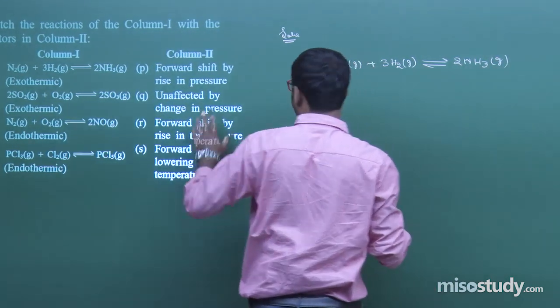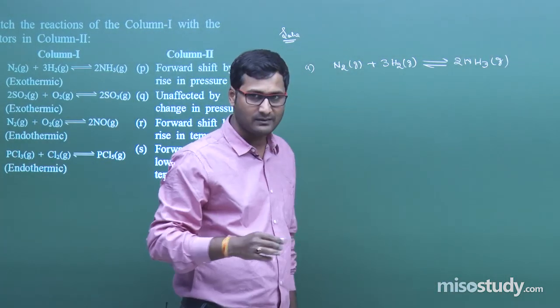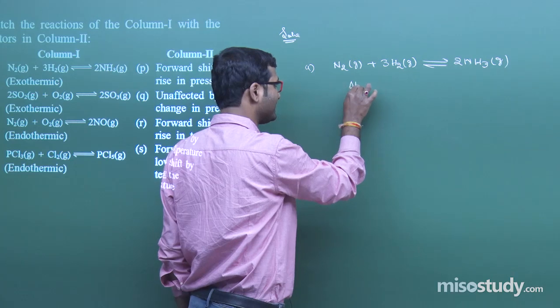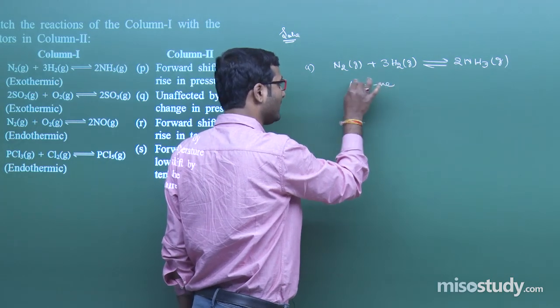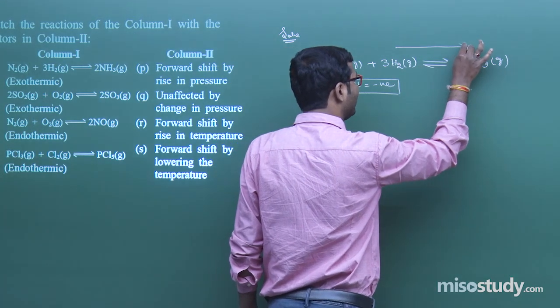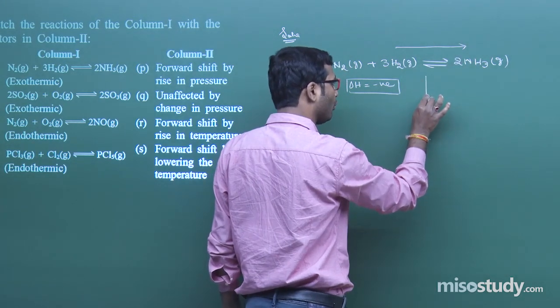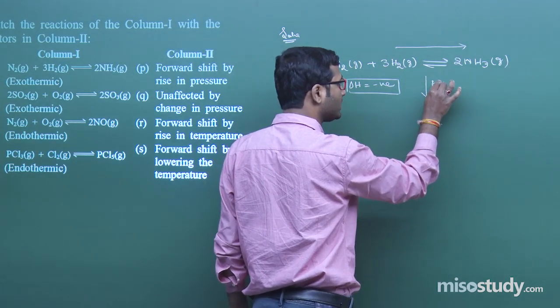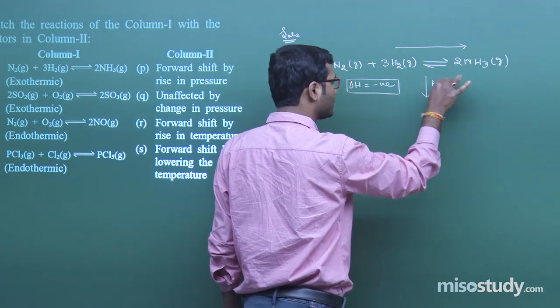Now the process is exothermic. What does it mean? For this reaction delta H is negative, and if you want to move the reaction forward and it is exothermic, then low temperature favors the reaction.